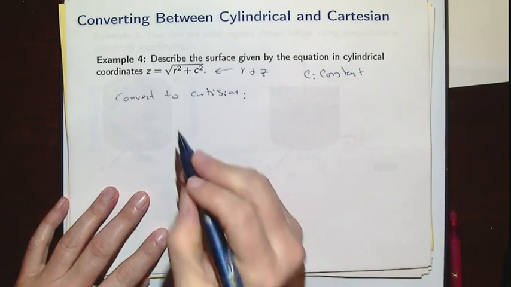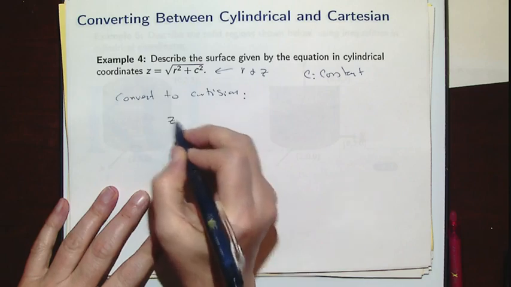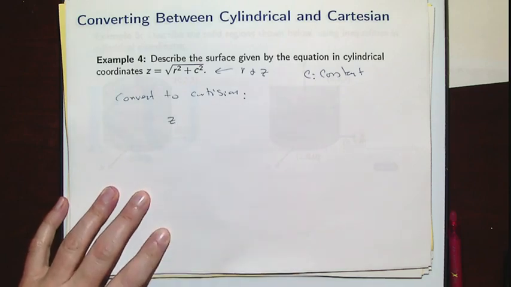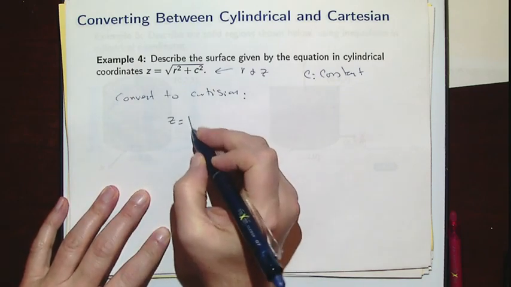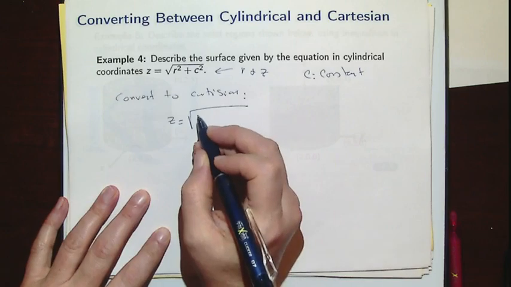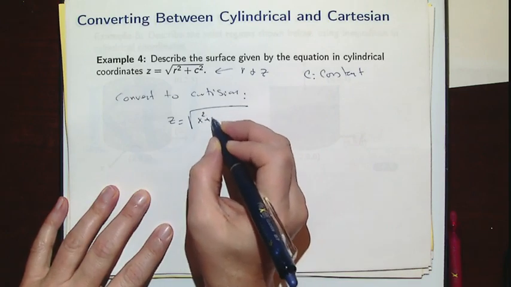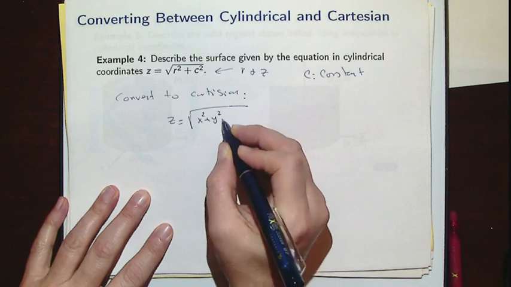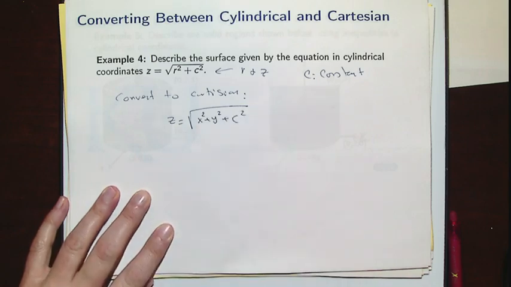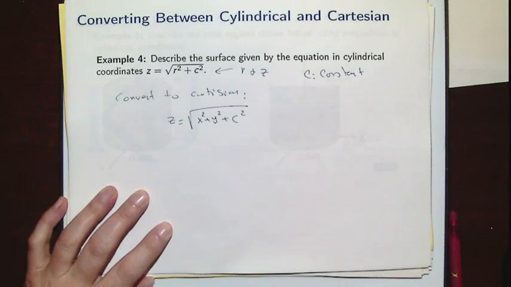I'll talk about something else as well. So z in Cartesian is z. What is r in Cartesian? R squared in Cartesian. X squared plus y squared plus c squared, right?